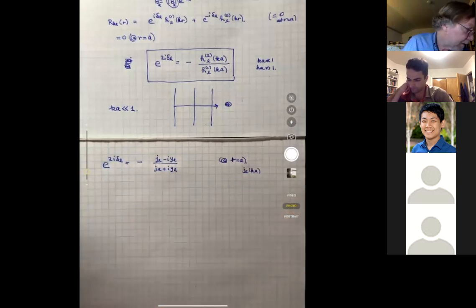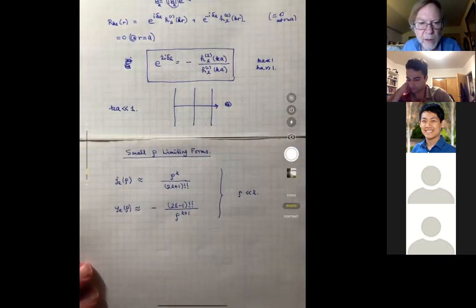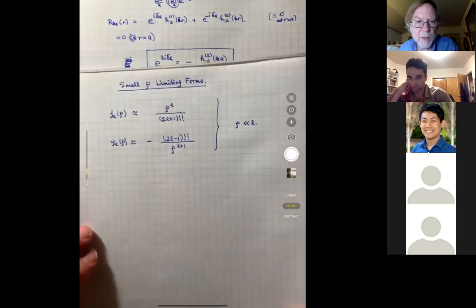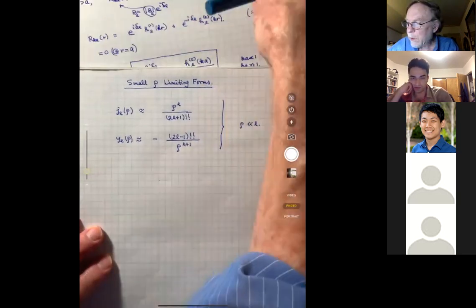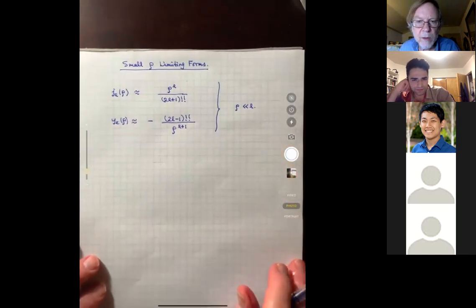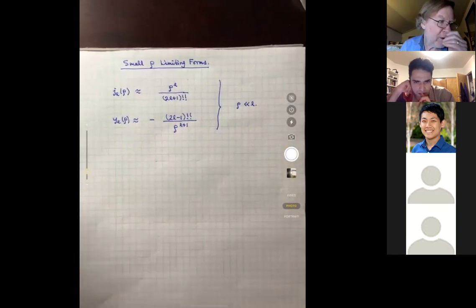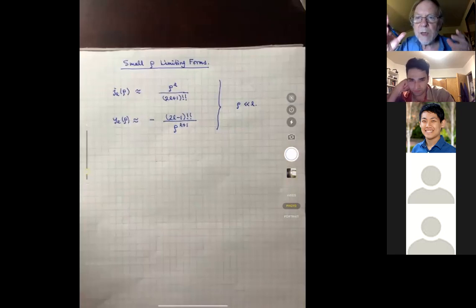Now let me get my summary sheet for properties of free particle solutions. Here it is. I think I earlier talked about the large argument limiting forms, but here are the small argument limiting forms for the spherical Bessel functions. By the way, if I wanted to, I could teach a course someday on special functions and how you derive these things, using steepest descent arguments and contour integration.